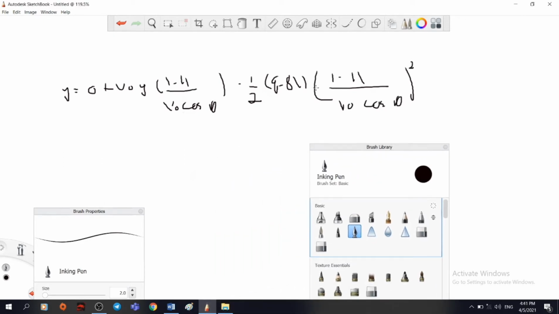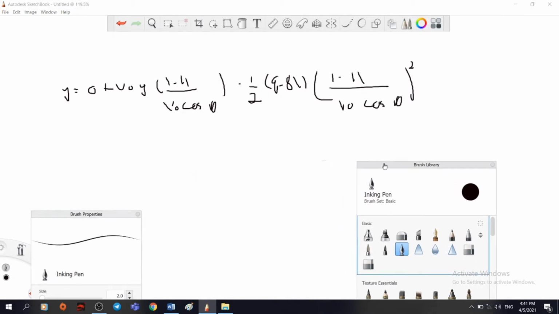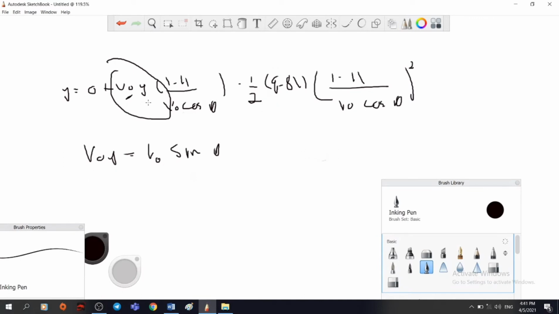This is the starting point for the equation. Now as we can see, V0y equals V0 sine theta. So we can enter it in the equation, and we don't need y0.